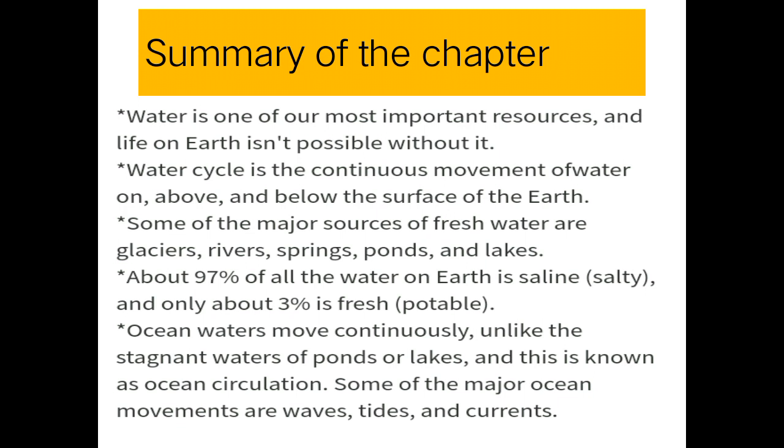Some of the major sources of fresh water are glacier, rivers, spring, ponds, lakes, etc. About 97% of all the water on earth is saline, means salty, and not fit for human consumption. And only 3% water is fresh and fit for human consumption.